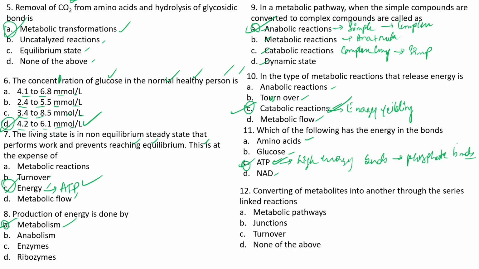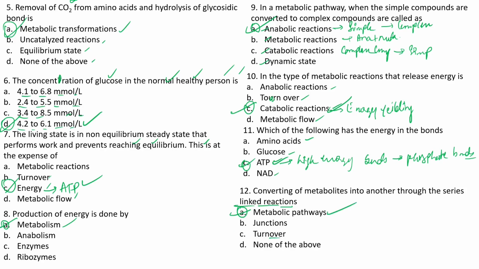The next question: converting of metabolites into another through a series of linked reactions is called metabolic pathways, junctions, turnover, or none of the above, right? If we have mentioned linked reactions, the interconnection between metabolic pathways or metabolic reactions, then A is going to be our more appropriate answer rather than turnover.